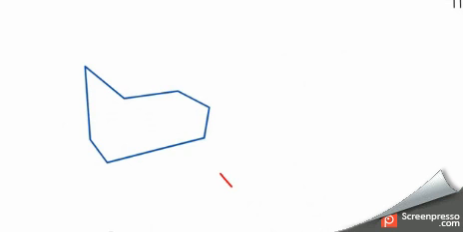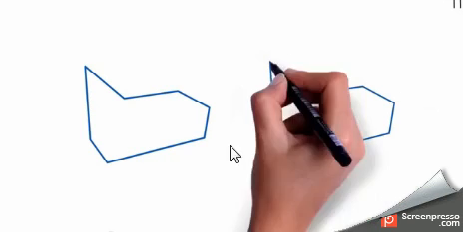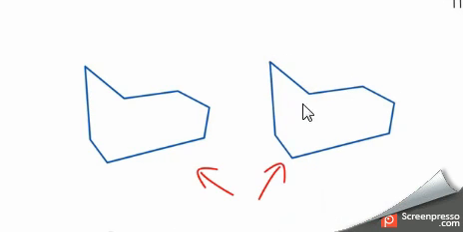Excellent. Okay, if I have this heptagon and I have another heptagon with the same number of sides, let's go. Do you know if this is a heptagon when we count the sides?